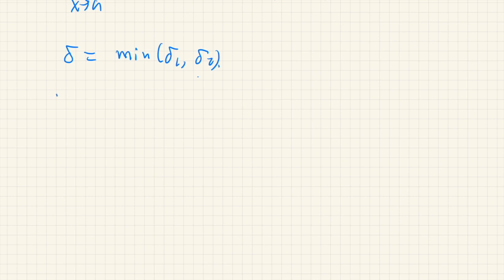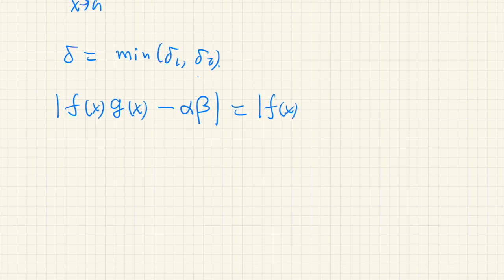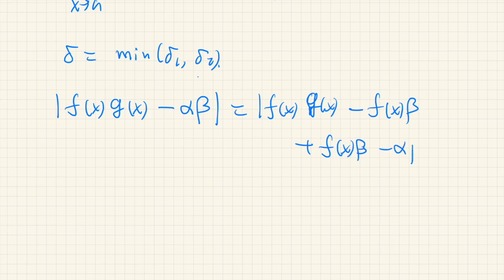Let's take the difference between f of x times g of x and alpha times beta. Let's add and subtract f of x times beta: f of x times g of x minus f of x times beta, plus f of x times beta minus alpha beta.